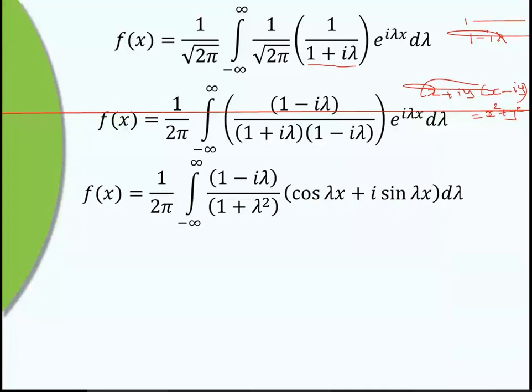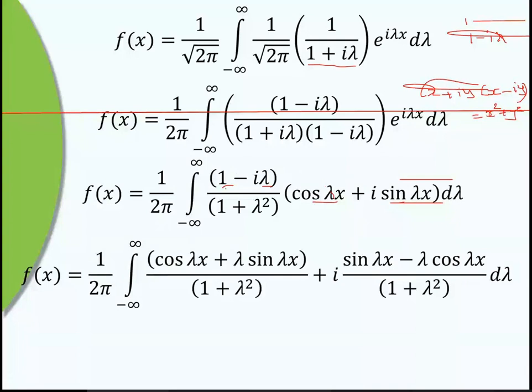Into, we know the formula for e raised to I theta. E raised to I theta is cos theta plus I sin theta, Euler's formula. So using Euler's formula, we get cos lambda x plus I sin lambda x. Now take the product of these two complex numbers. How do we take the product? It will be real part into real part minus imaginary part into imaginary part, plus I into (real part into imaginary part plus imaginary part into real part).